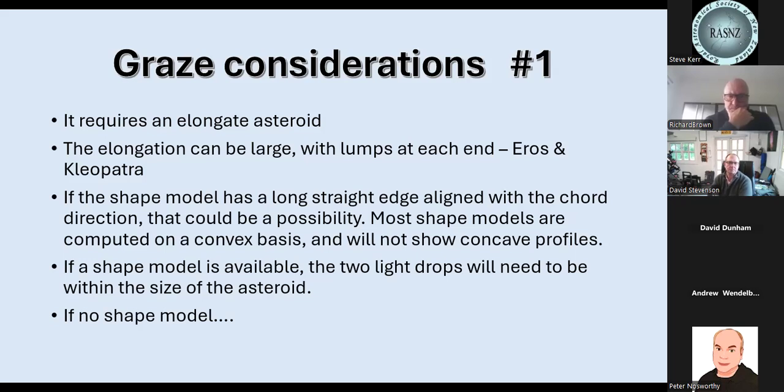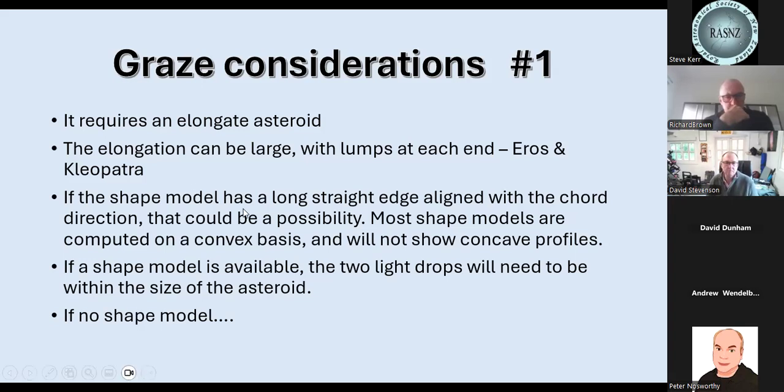There's only a few asteroids that include concave parts. So that means that most shape models will not show depressions. So you might have what appears to be a fairly straight part on the shape model, and that could be an artifact of the shape model derivation. And you've got to allow for the fact that that straight bit might in fact be a drop. And I've got an example of that.